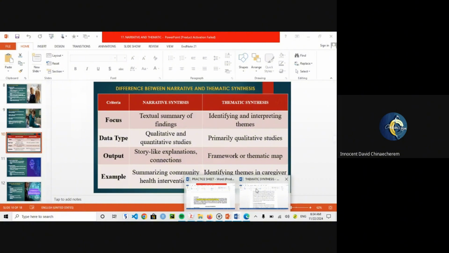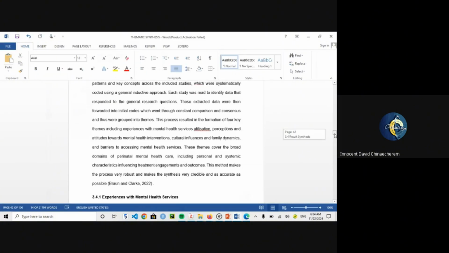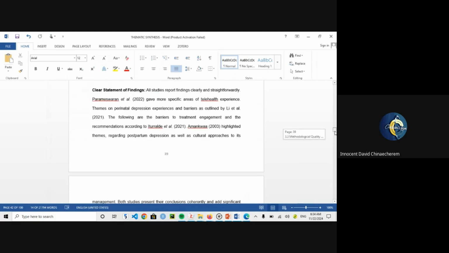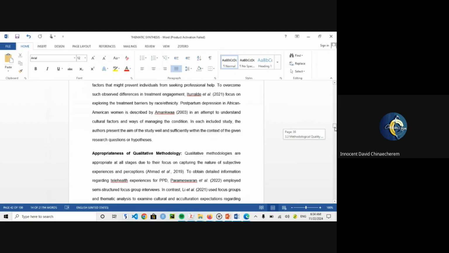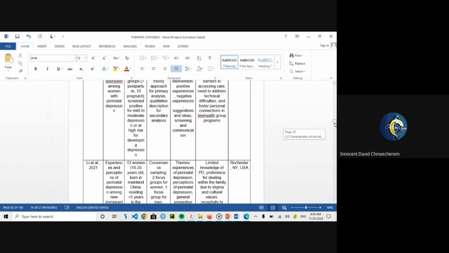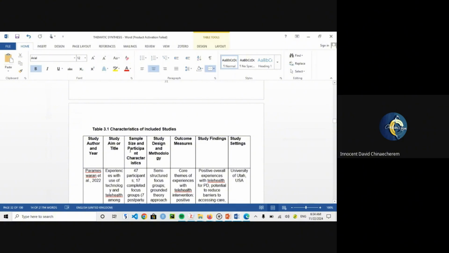The example is clearly here in this study, and what you will realize is that in this study we included 4 studies, and these 4 studies are all qualitative. You can take a look at the characteristics of the included studies here. We have the study by Paraman, which is on experiences, semi-structured, grounded theory.